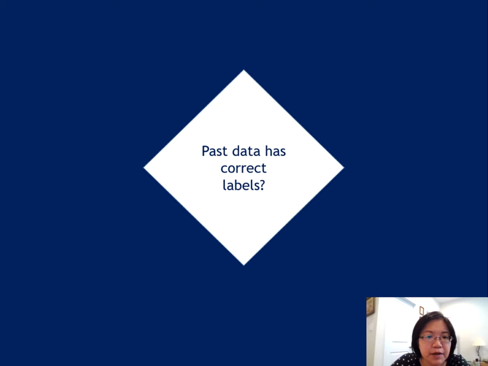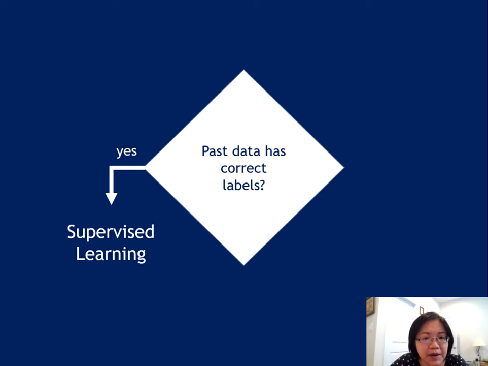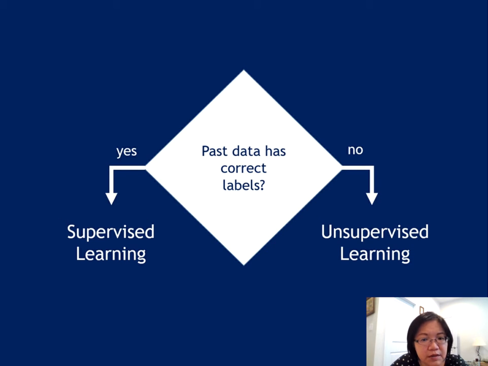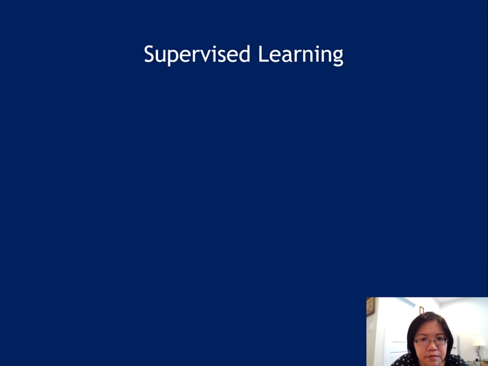So to recap, how do I know if I need supervised or unsupervised learning? It all depends on whether your past data has correct labels or not, right? So if your past data, the existing data set that's given to you, comes with correct labels, then you would need supervised learning. If not, you would need unsupervised learning.